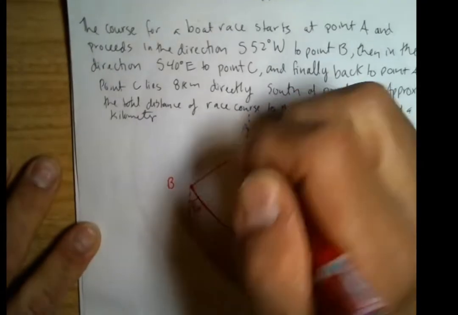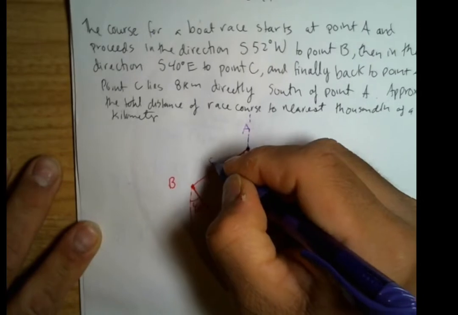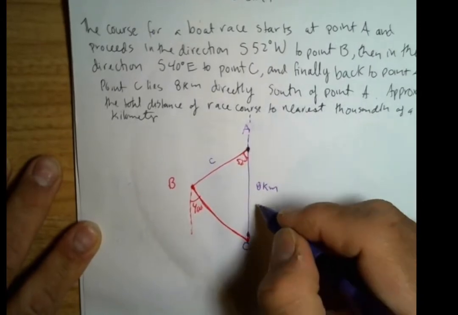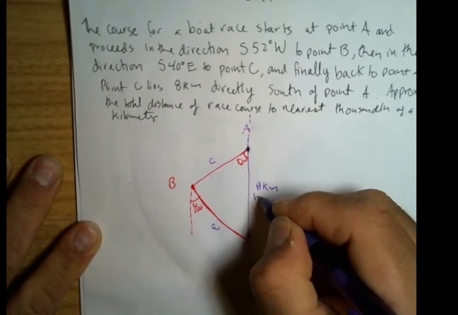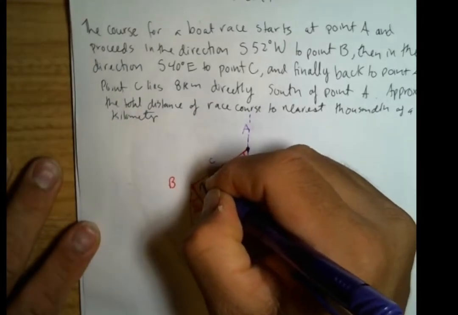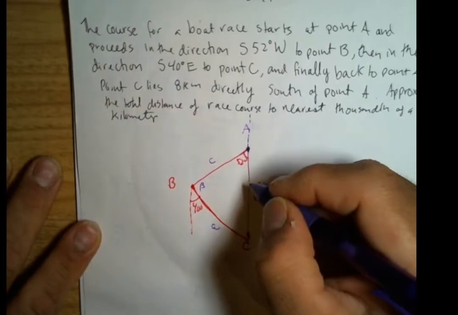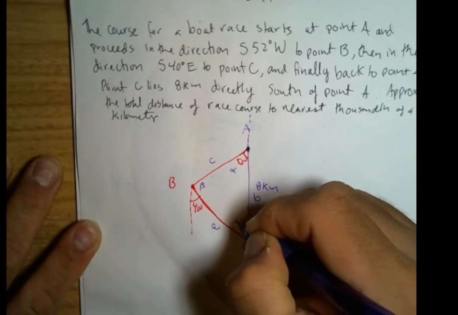So we'll use the same naming system. This is lowercase c, this would be lowercase a, lowercase b. Here this is my angle beta, this is my angle alpha, and this will be my angle gamma.